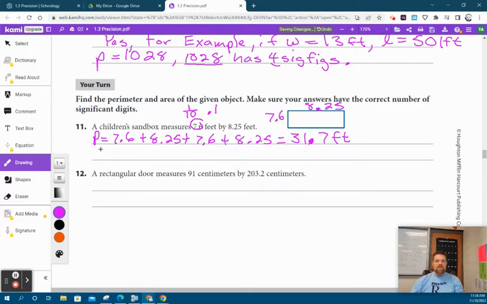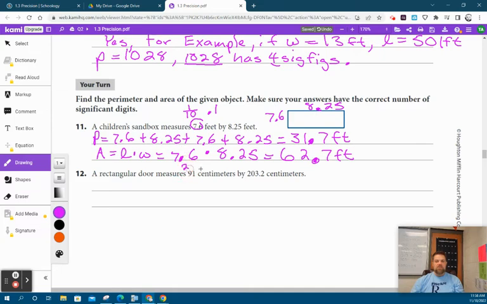Now, if I were to do the area, remember the area is the length times the width, or we could just say 7.6 times 8.25, which is equal to 62.7. But now for this one, we've got to think about the significant figures.